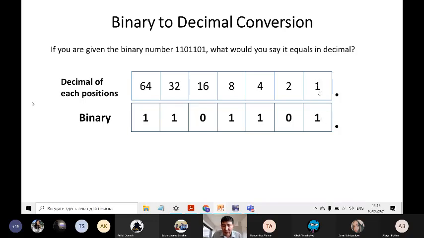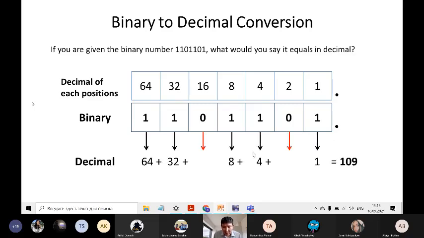First it's 1, 2, etc. Then below you can just write the numbers. This gives us 1. Here actually should be 2, but because here is 0, it does not give anything. 4, etc. So you just sum up, and you will find that this decimal number will be 109.